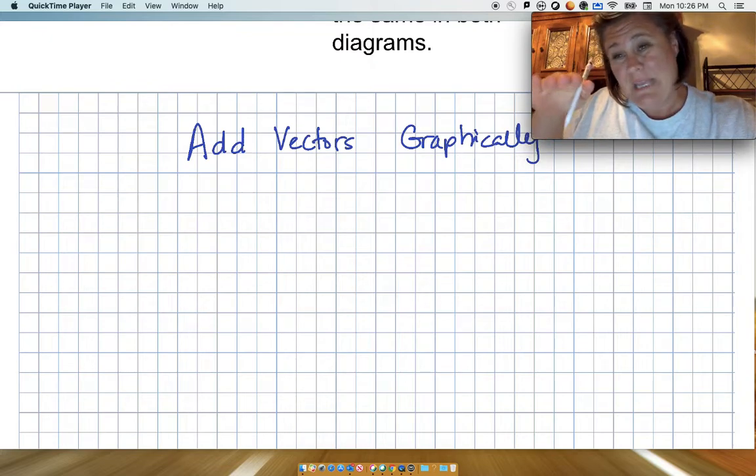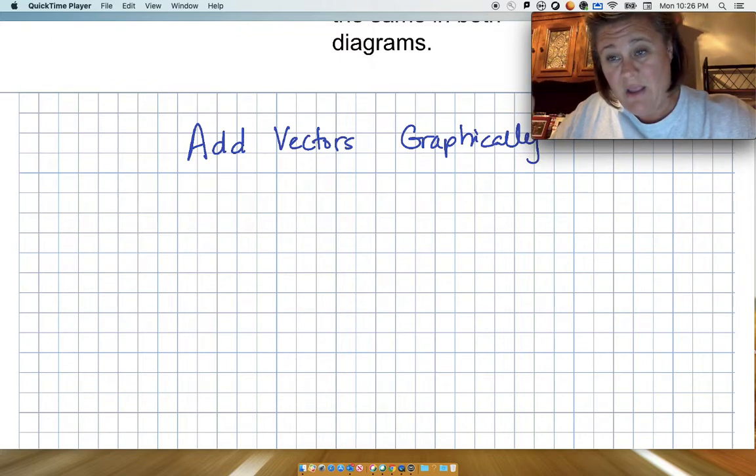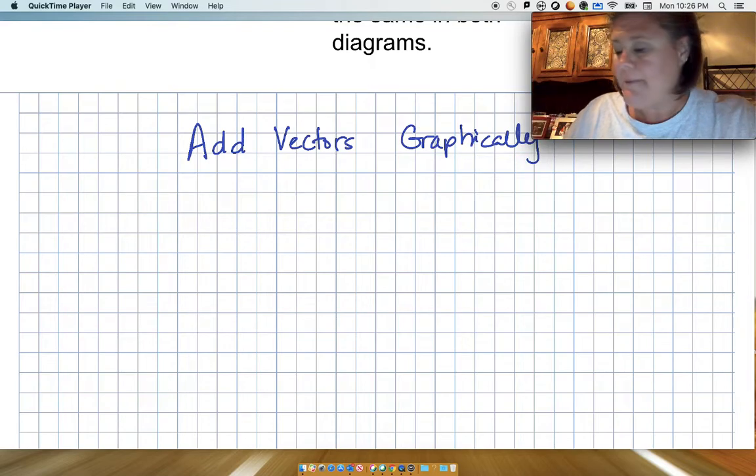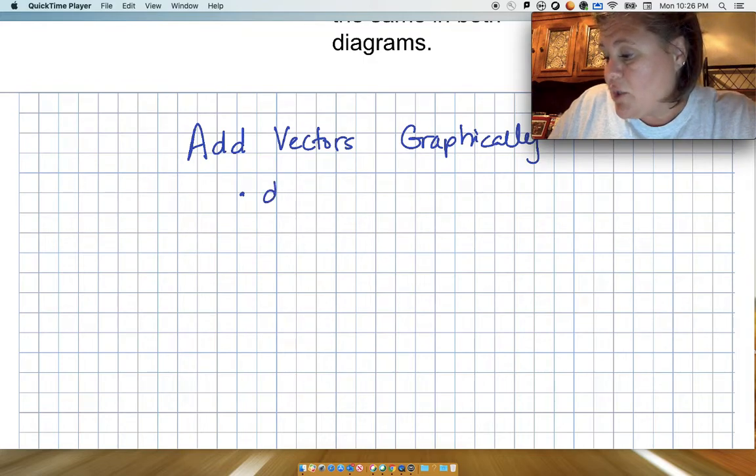They can be in 1 dimension or 2 dimensions. So the first thing is you have to determine a scale.